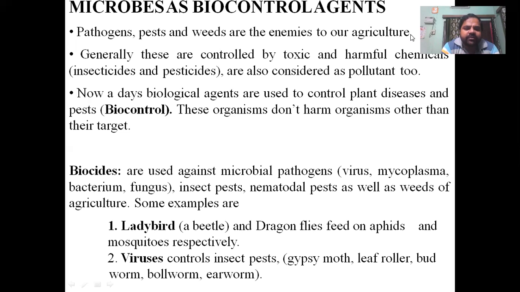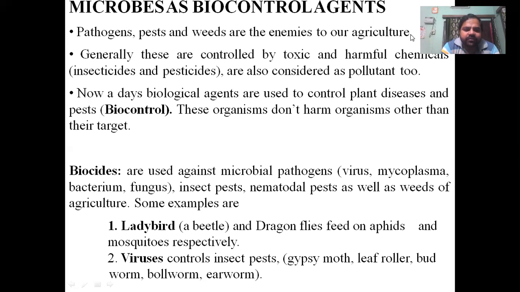The first example is the ladybird beetle and the dragonfly, which feed on aphids and mosquitoes. These aphids and mosquitoes are harmful to human beings, so the ladybird and dragonfly will control their population.